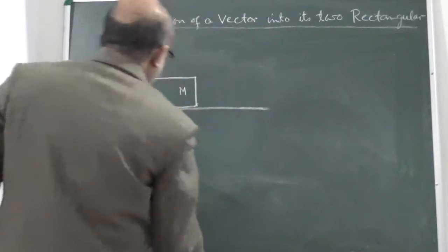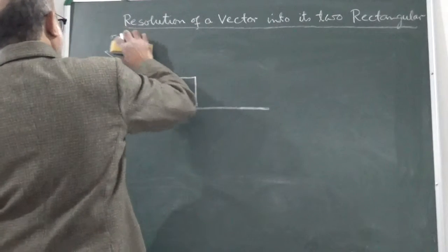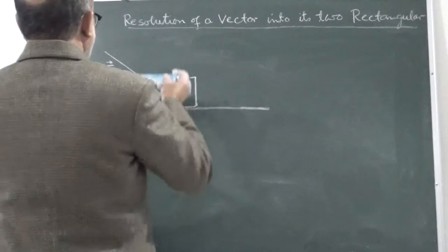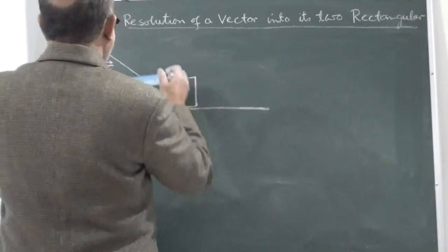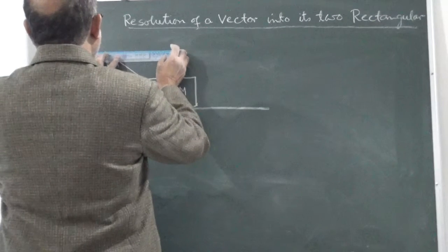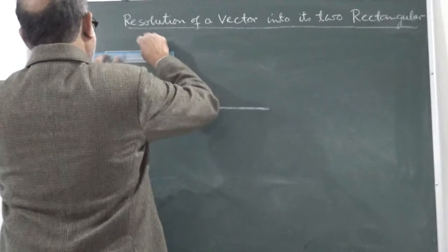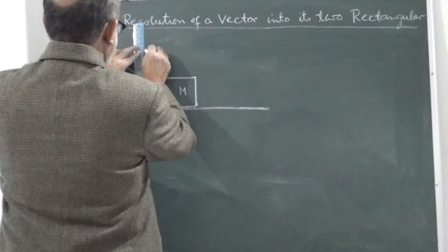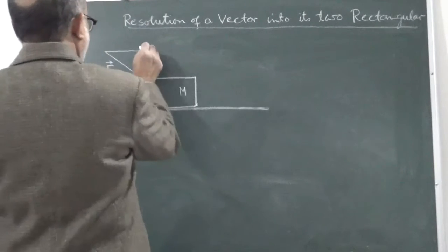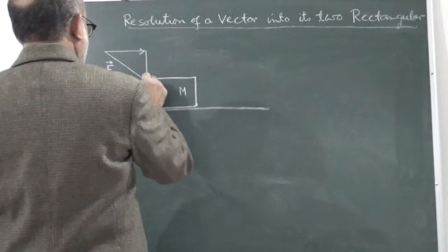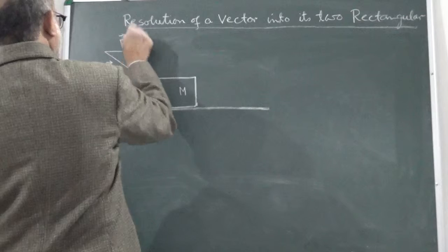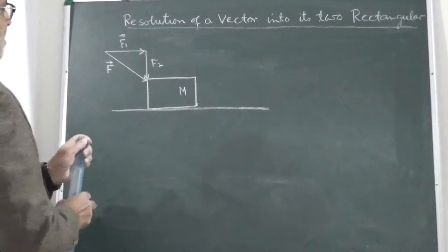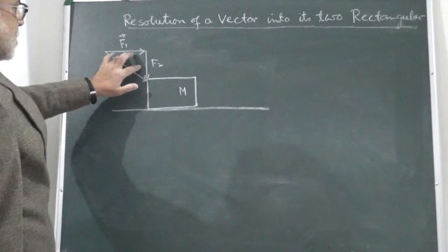Suppose we consider another set of components: one along the table, along the base of the table, and another perpendicular to it. This is F1. Clearly, these two components are more understandable.